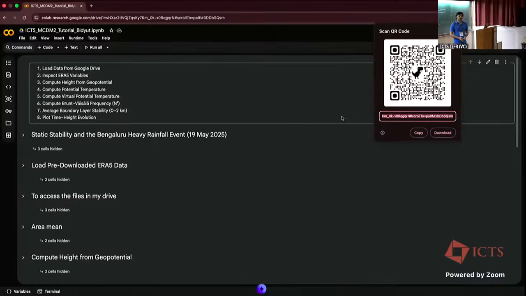I have loaded the data in a way that you can access my Google Drive, so you don't need to download it or save it in your own drive.